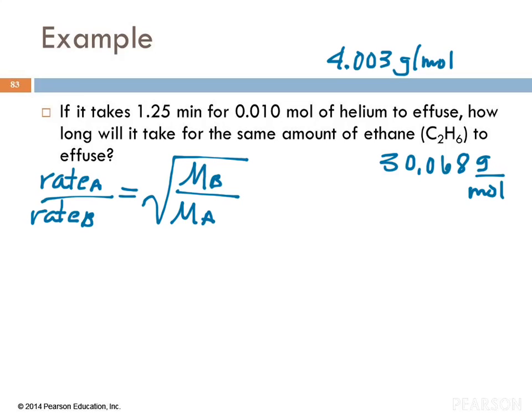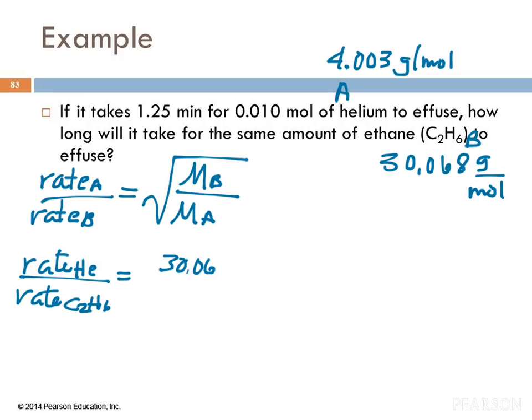I'm going to call helium A, and ethane is going to be B. So the rate, I guess I really didn't need to do that, the rate of helium to the rate of ethane is going to equal the square root of the molar mass of ethane on top, 30.068, over the molar mass of helium on the bottom, 4.003, which equals the square root of 7.5, or 2.741.